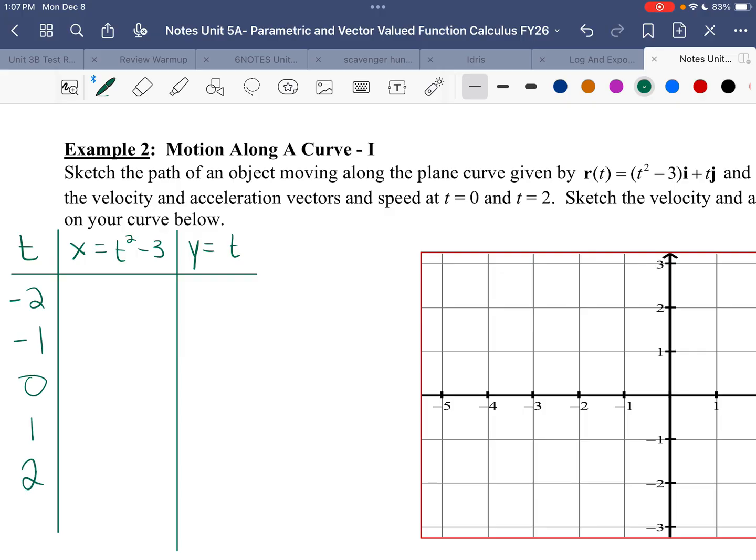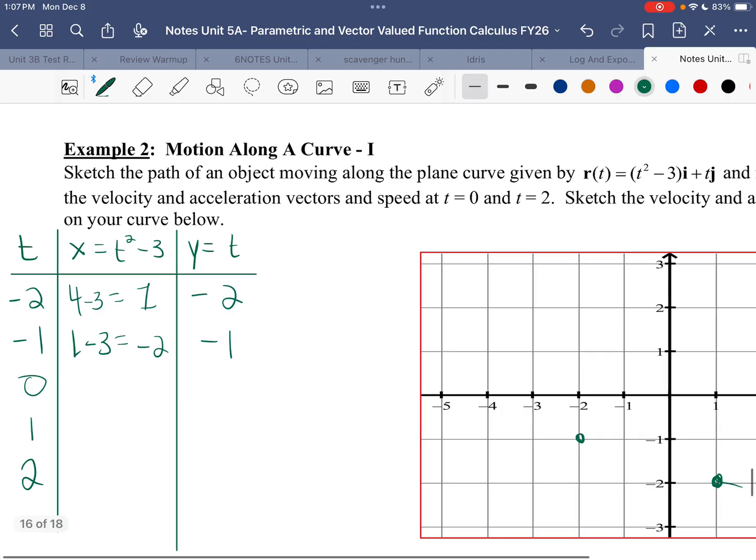Okay, so then we got 4 minus 3 and -2. So we have a point 1, -2. Then as the time is increasing, now we have a point at -2 for x, -1.